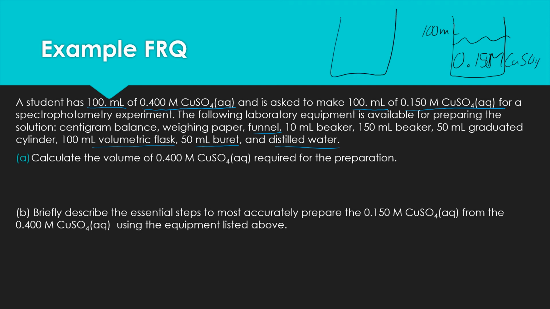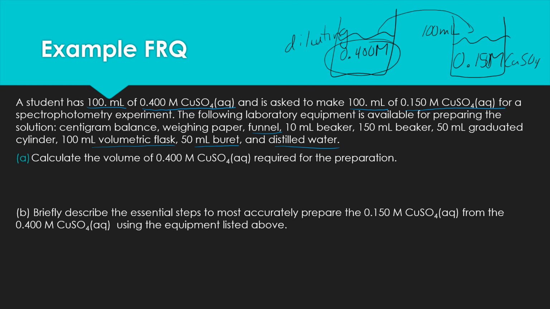Over here we have plenty available. So you have 100 milliliters available, and it's a 0.4 molar solution. So I need to know how much of this 0.4 molar solution I need to make this new 0.15 molar solution. So we are diluting this solution. Okay, so we want to figure out how much of that we need.